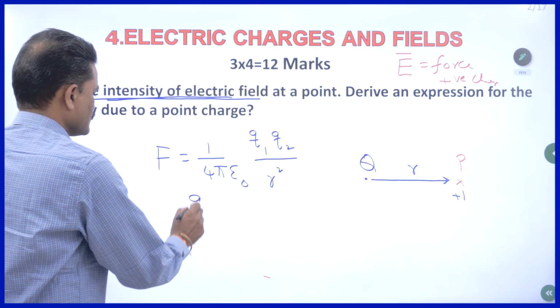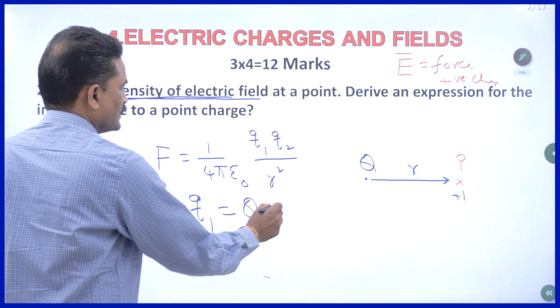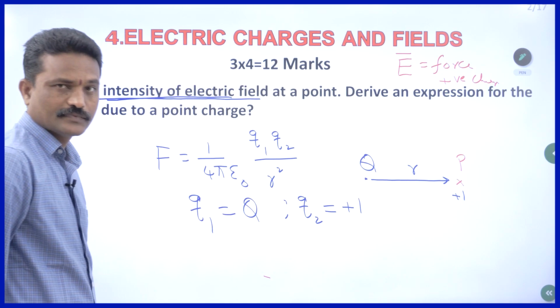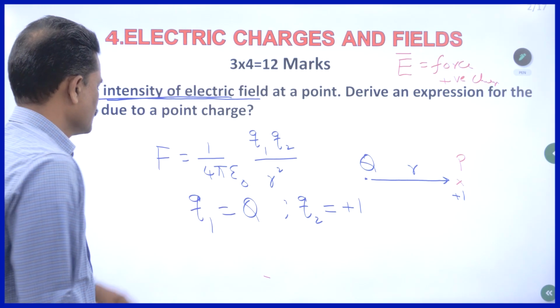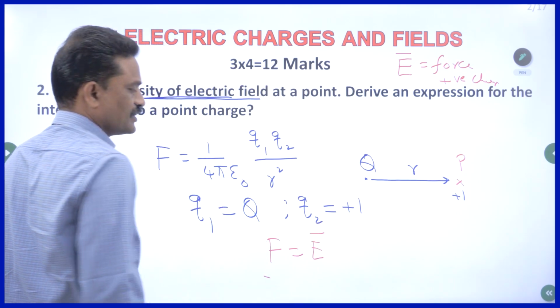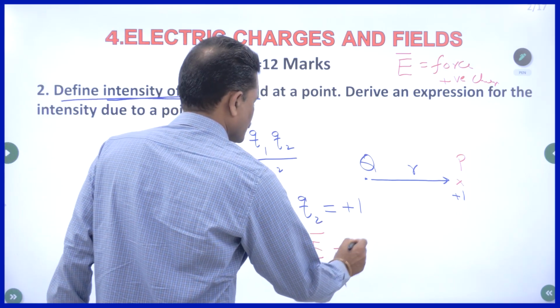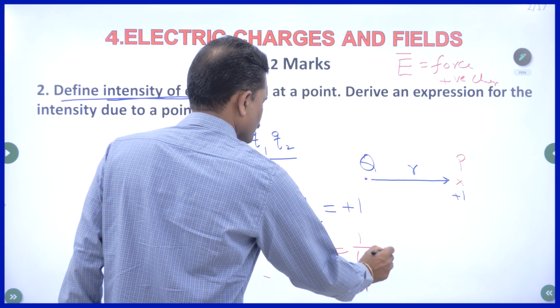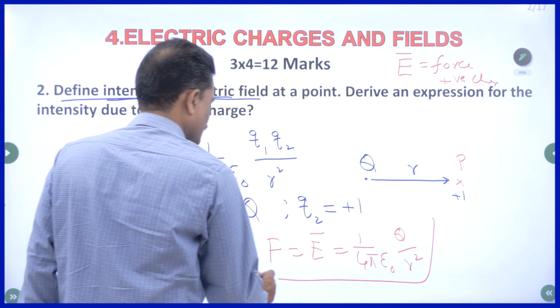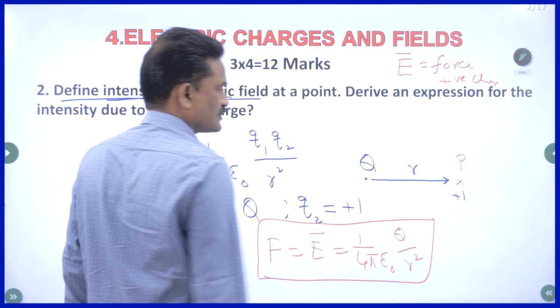Here Q1 is my capital Q and Q2 is unit positive charge, that means 1. Substitute this. This force is nothing but intensity of electric field at point P. So, E is equal to 1 by 4 pi epsilon naught Q by R square. If you write this much, you will be getting 4 marks.